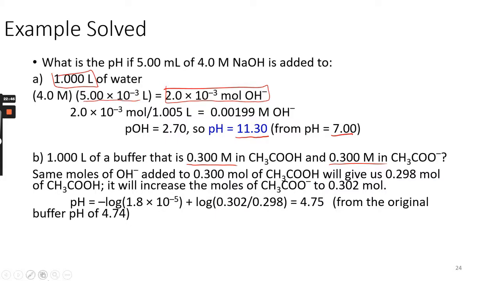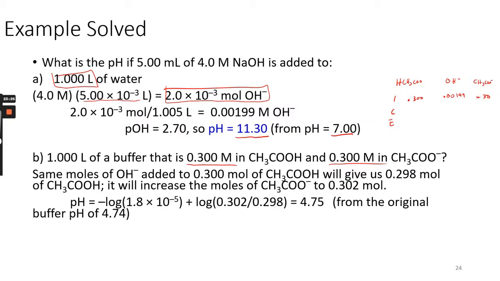So think about your ice tables. We started with 0.3 of our acetic acid and 0.3 of our acetate, and we add 0.02 moles of hydroxide.